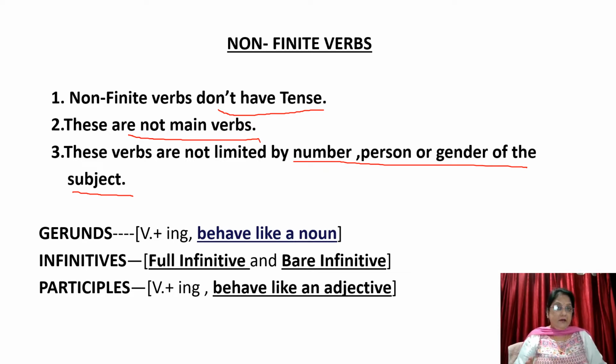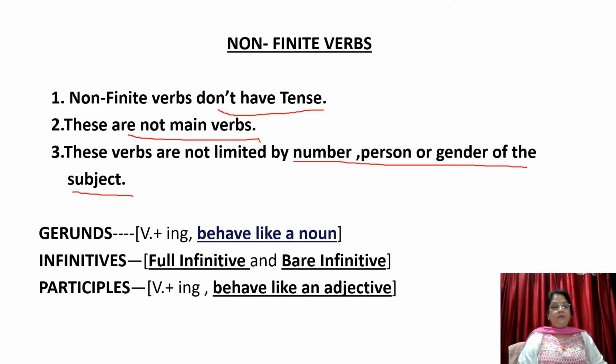Then infinitives, there are two types: full infinitive, also called to infinitive, and bare infinitive. Full infinitive means we add to the verb, and bare infinitive means there is no need to add to. So this we have already learned.